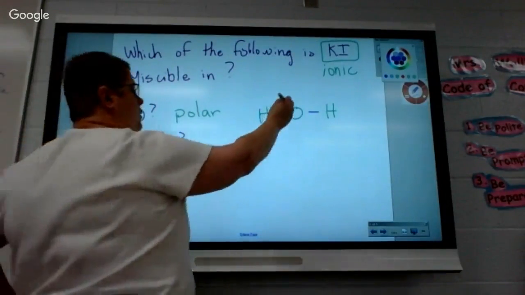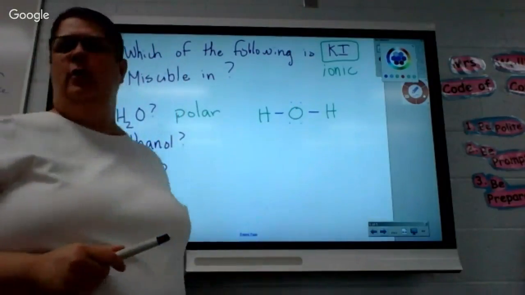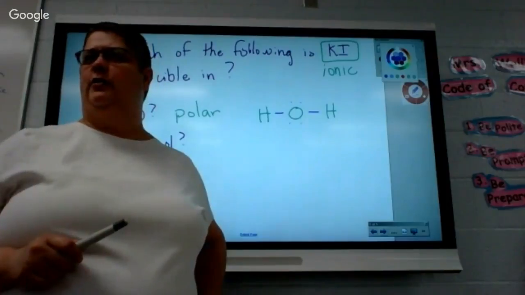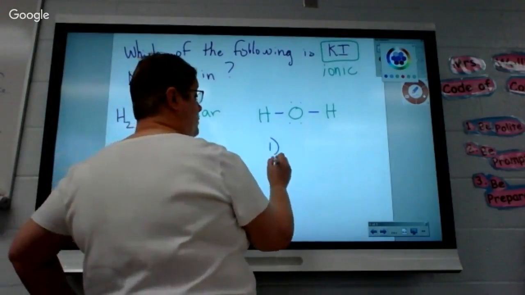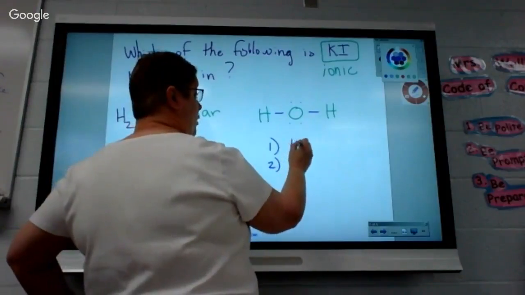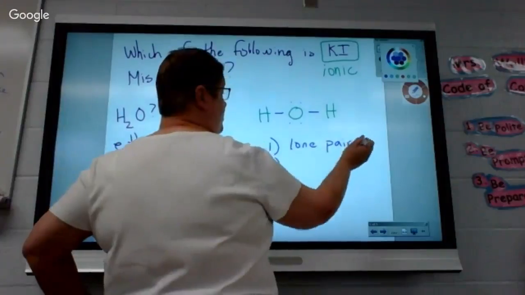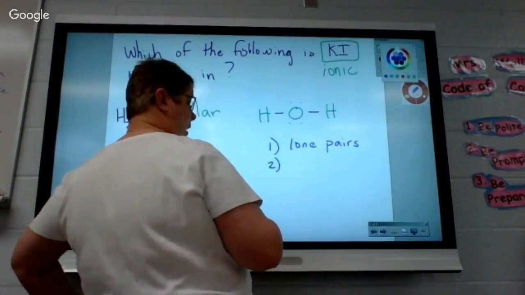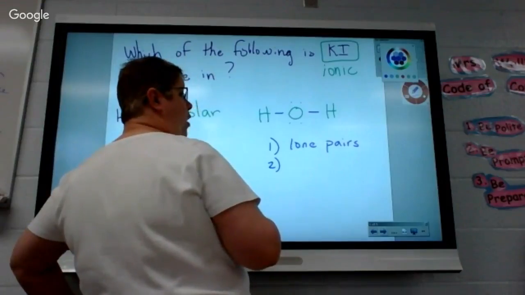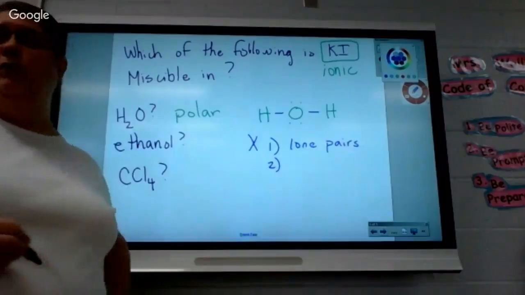On the O. So to figure out this is polar, what 2 rules do I use to figure out it's polar? Okay, so the electrons are called lone pairs. Okay, so I look here. Do I have lone pairs on the central atom? Yes. Okay, so if I have lone pairs, we said that automatically made it polar.